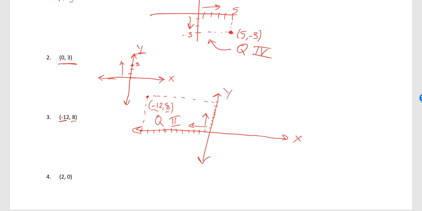And last but not least, we have 2 and 0. So plus 2 on x, let's make this more straight up.